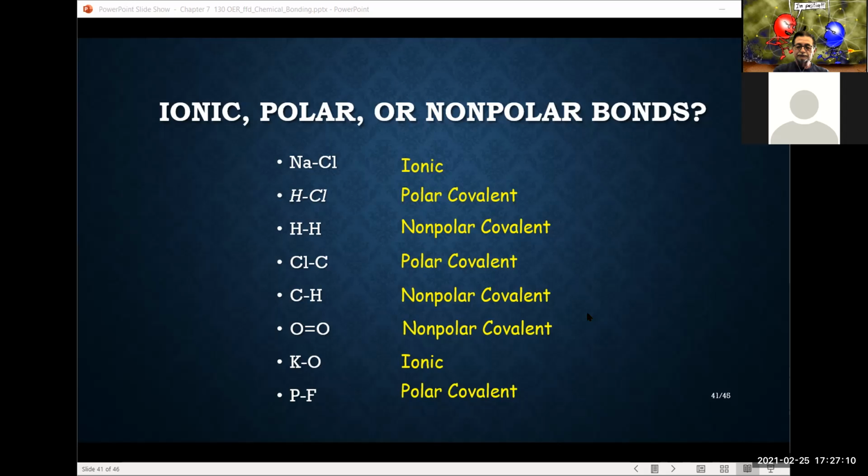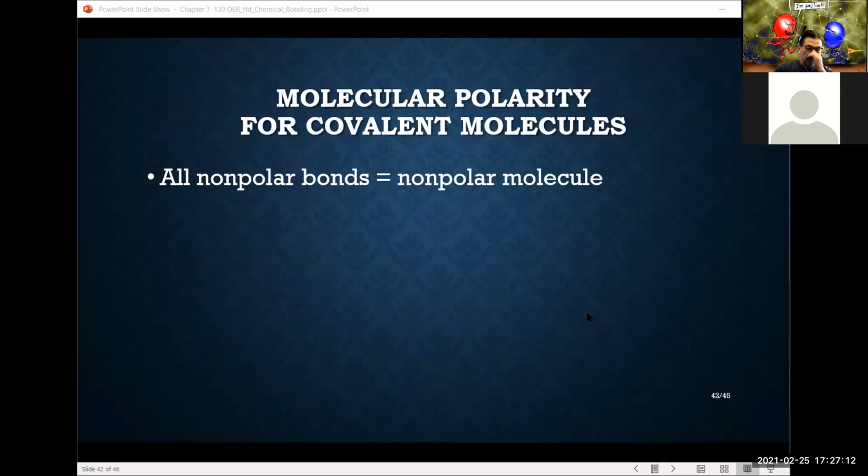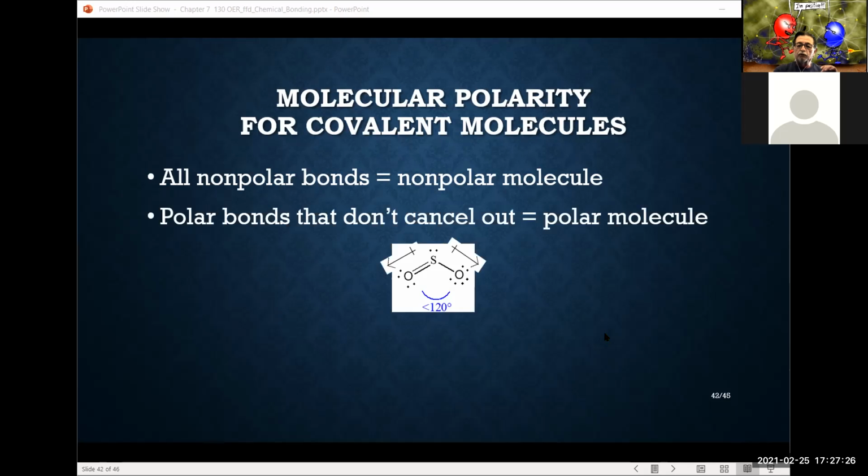Okay. All right. So in general, you have nonpolar bonds. When you have all nonpolar bonds in your compound, you have nonpolar molecules. Okay. Now, consider when the polar bonds in your compound do not cancel out. This is what we're using the arrow for.